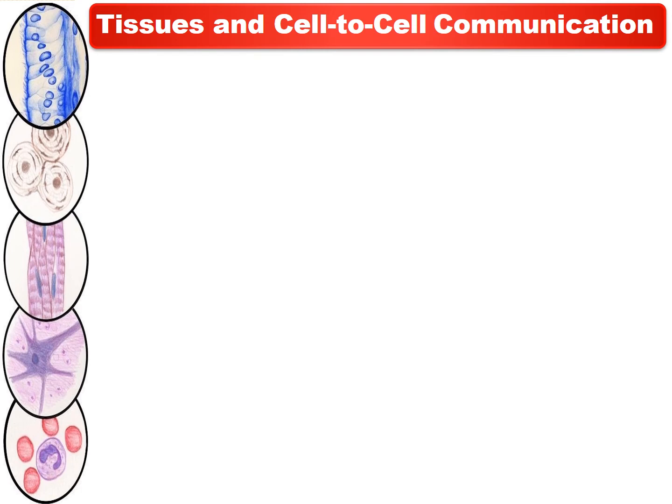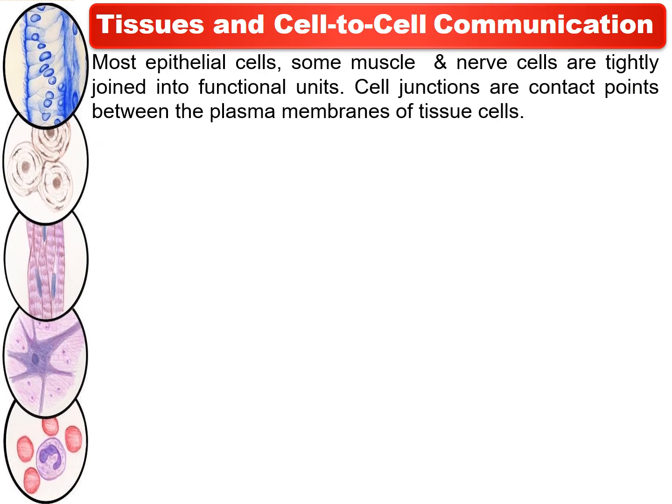Now, in these tissues, that is the group of cells, let us discuss cell to cell communication within this tissue structure. Most epithelial cells, some muscle and nerve cells are tightly joined into functional units.